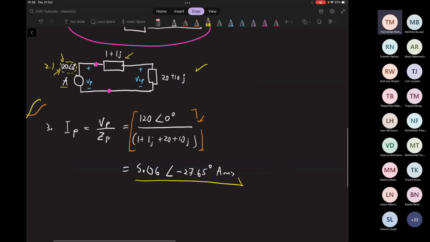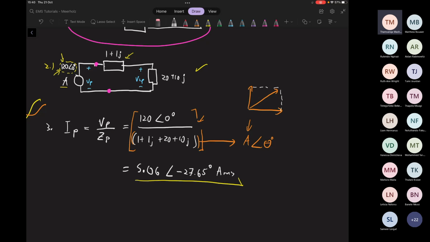If you wanted to do it by hand, you'd convert this into mod arg form, like that. And the way that you do that, this is just the square root. So basically, if you have a real part and imaginary part, you can look at this as a vector like this.